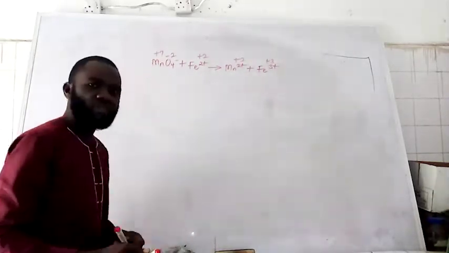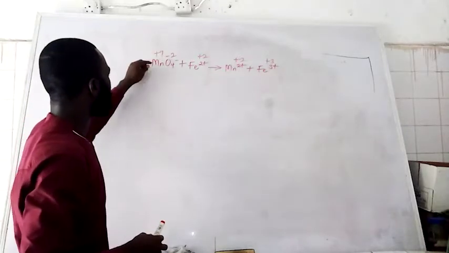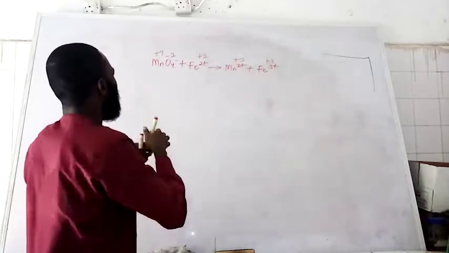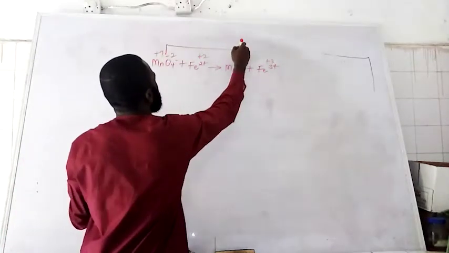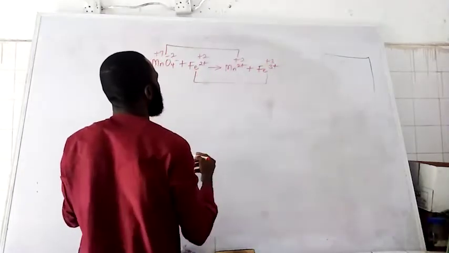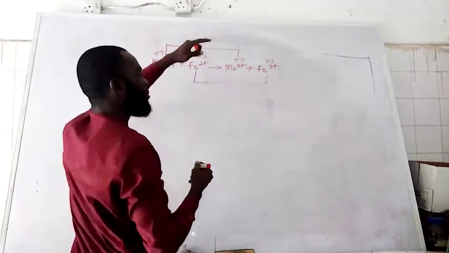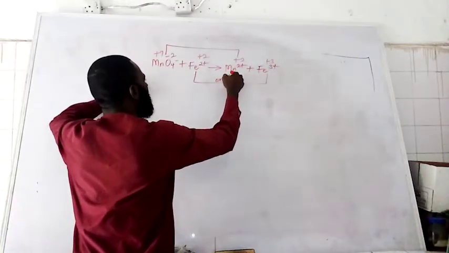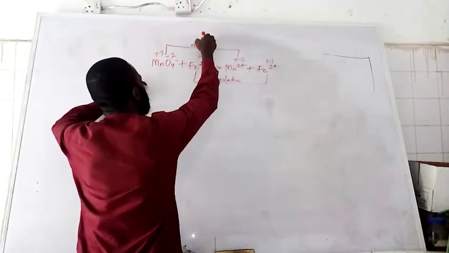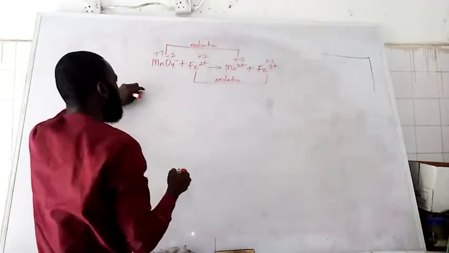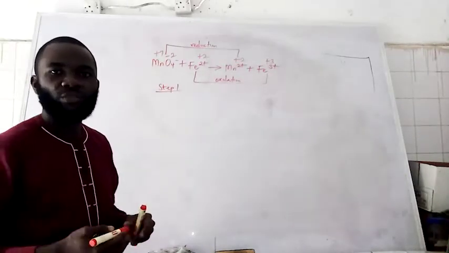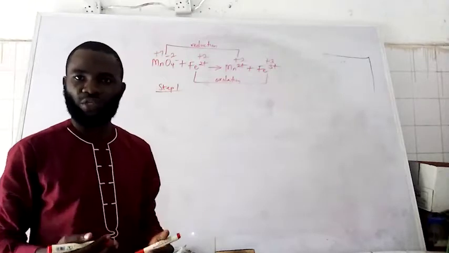By visual inspection, we will see that the oxidation number of manganese has decreased from 7 to 2, while we have an increase in oxidation number for iron. That increase in oxidation number is simply oxidation, while a decrease in oxidation number is reduction. So, my step 1: I want to write out the oxidation half equation and the reduction half equation.